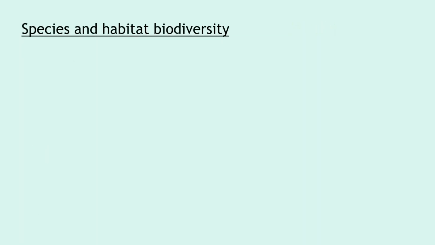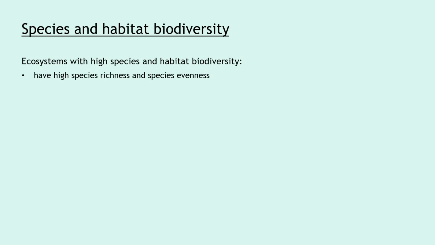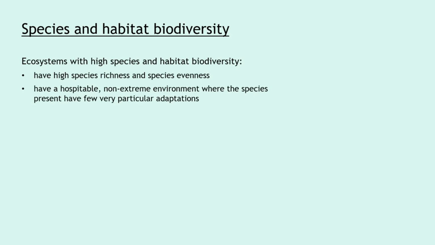Okay, now let's have a look at species and habitat biodiversity in more detail, and specifically at the features of ecosystems with high species and habitat biodiversity. Clearly, they will have high species richness and evenness, but also, interestingly, these ecosystems will have a moderate, hospitable and non-extreme environment, where the species present will have very few specific particular adaptations.